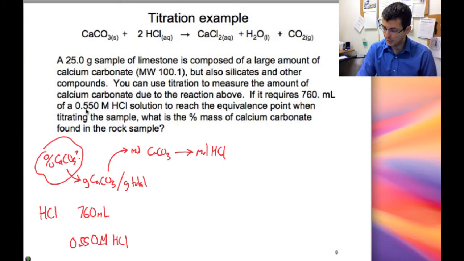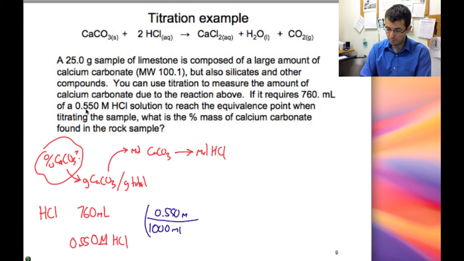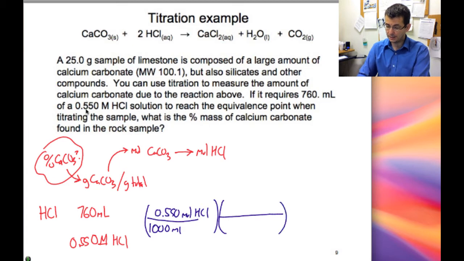We can then use that information: for every 1,000 milliliters, that is equivalent to 0.550 moles of HCl. And then from the moles of HCl, we can figure out moles of calcium carbonate. For every 2 moles of HCl, that is equivalent to 1 mole of calcium carbonate.